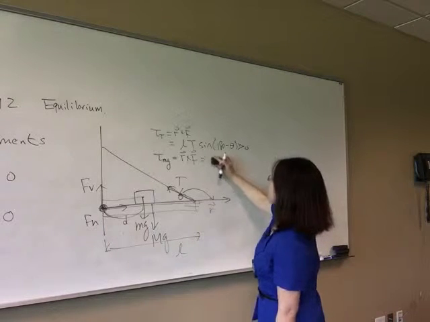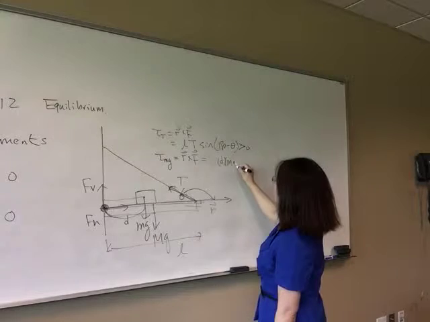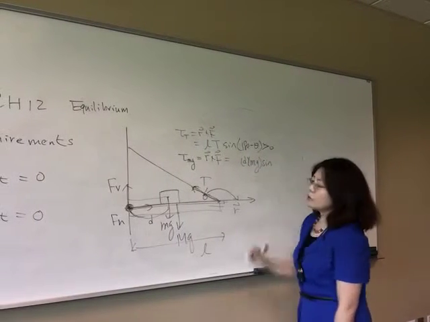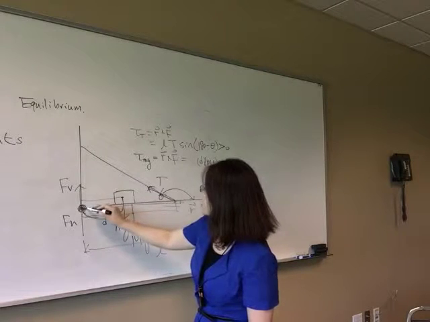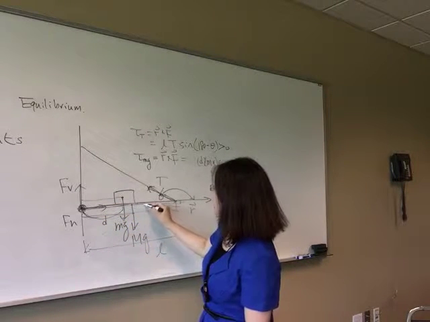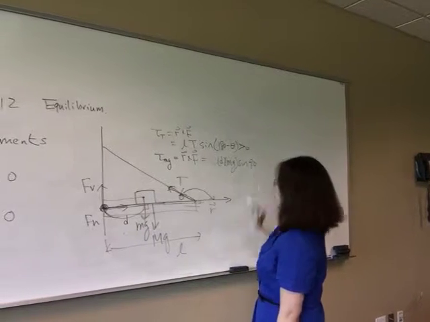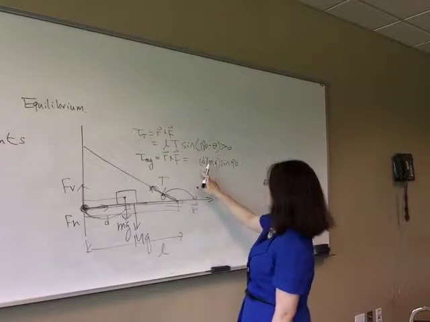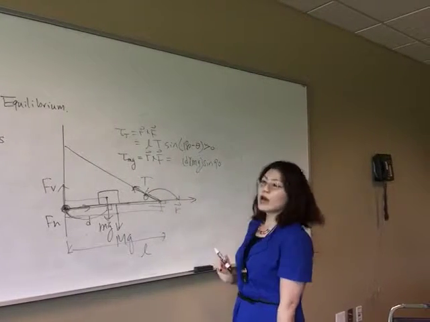So you have your D times your mg, and what is the angle between them? This is the location where the force is applied, and this is the moment arm, which is D, and you can see that the angle between them is 90, so it's sine of 90. So you have R cross F, and RF sine 90, that's your magnitude.